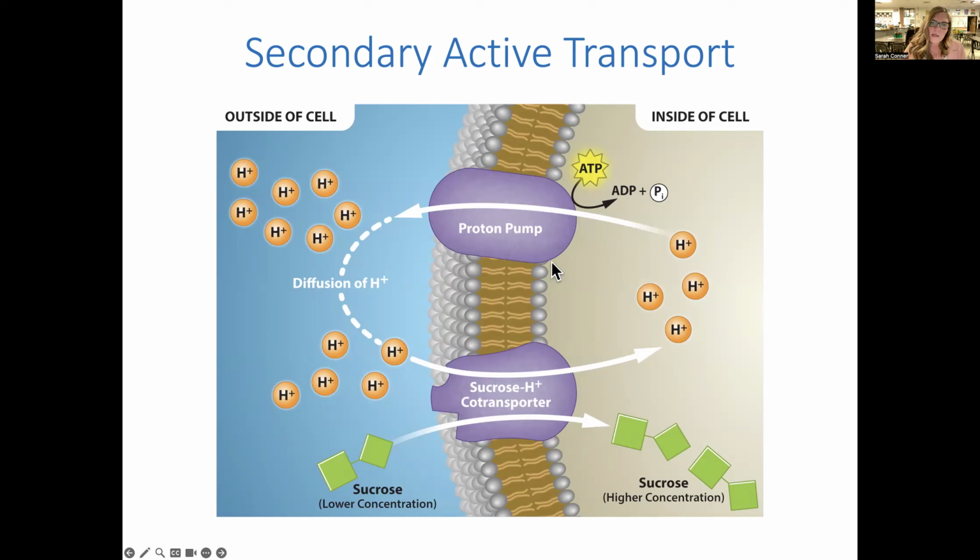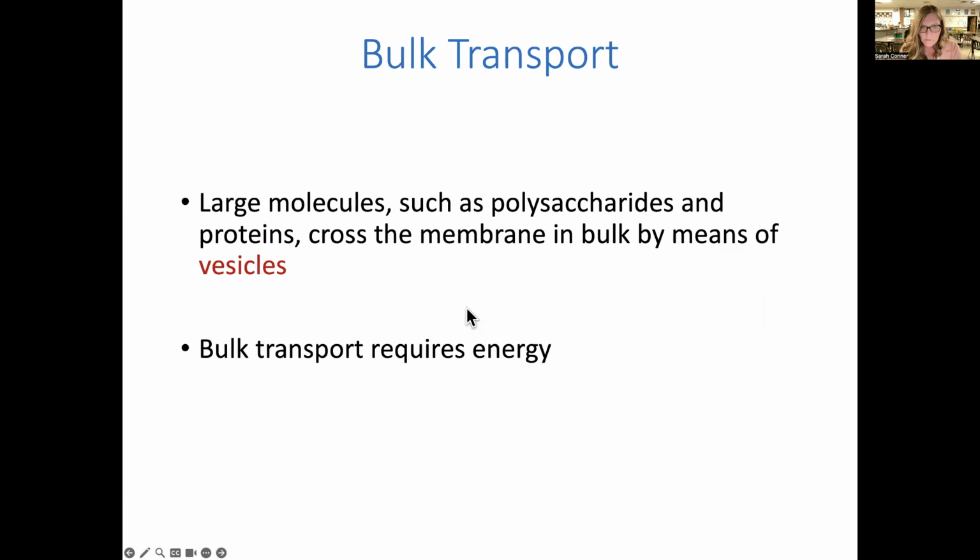That creates enough energy for something like sucrose to be transported from the lower concentration to the higher concentration. So that's your secondary active transport, where one is used to build up the electrochemical gradient, and then that creates the energy to pull the other across on another transport area. So a co-transporter pump as well.